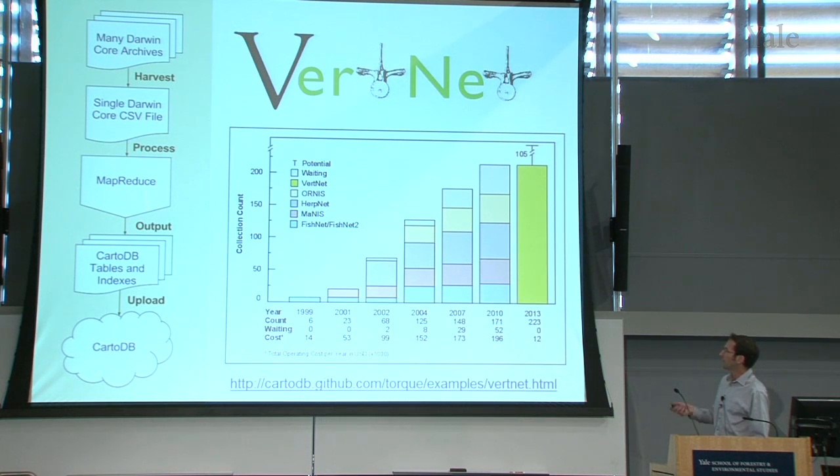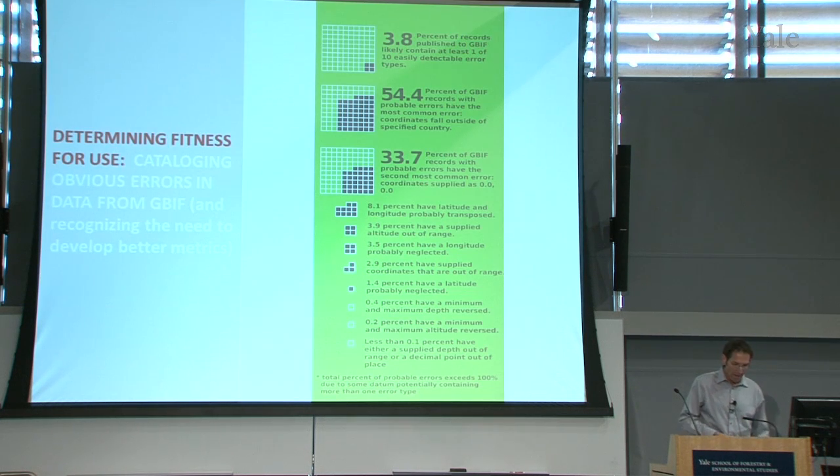And so this big data framework for taking a lot of data, we're talking about hundreds of millions of records, and making it available really effectively, quickly, and cheaply, is a big task that we face in moving forward in that goal of making global data. And of course, we want to find out the fitness for use and want to know the quality of these data.